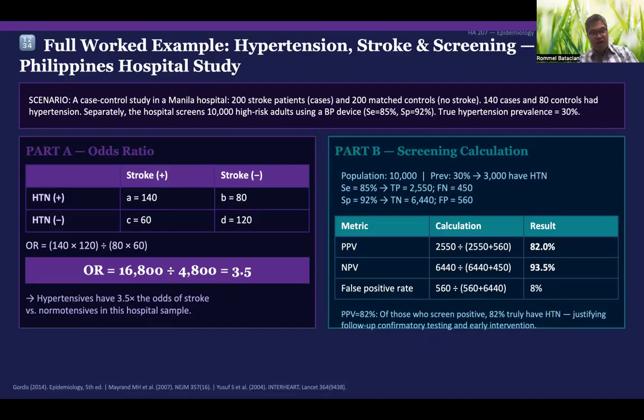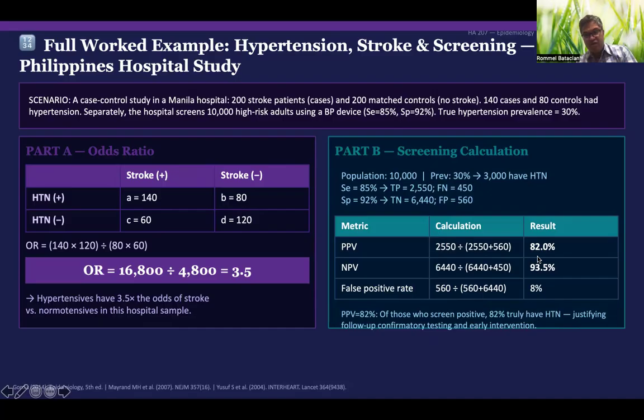Now, for the screening calculations, again, this is determining the sensitivity, specificity, positive and negative predictive values. So, these are the values, the contingency data. And if you would compute, the positive predictive value would be the ratio of true positives over the sum of the true positives and the false positives.